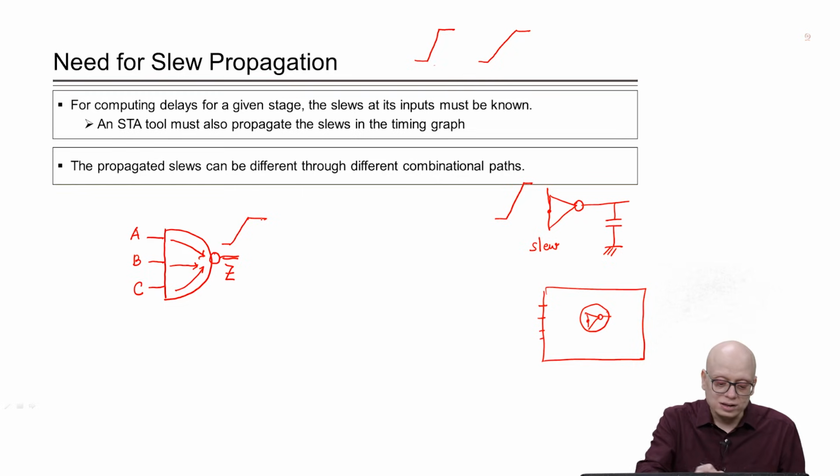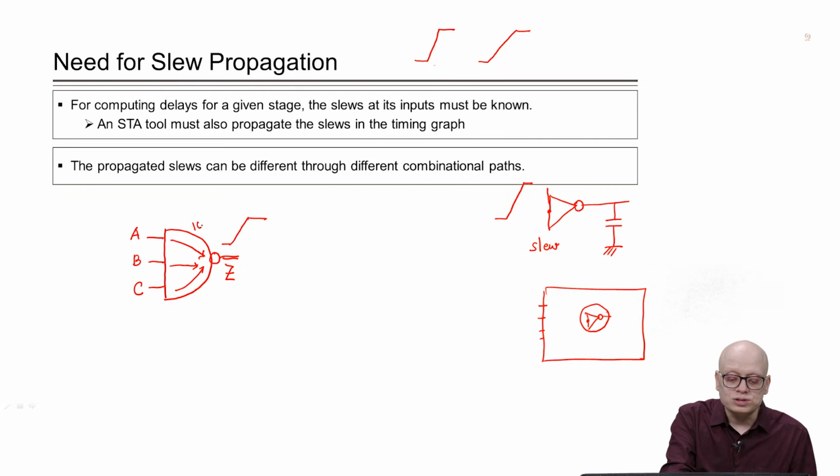So, for the arc from A to Z, there may be some output slew associated with it, meaning that the output at Z will be rising with some slew, let us say 10 picoseconds.